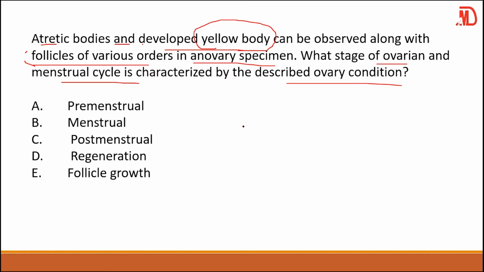I don't want to go through too much of this, but basically we're looking at a premenstrual stage. So your answer here is A. I explained the follicular atresia because this is what is happening: atretic bodies and follicles. So please don't get confused. So the answer is A.